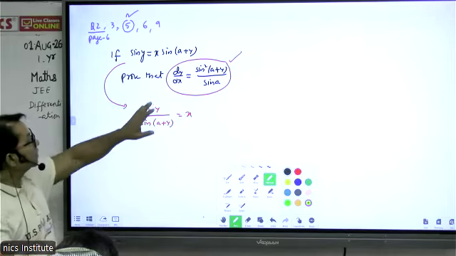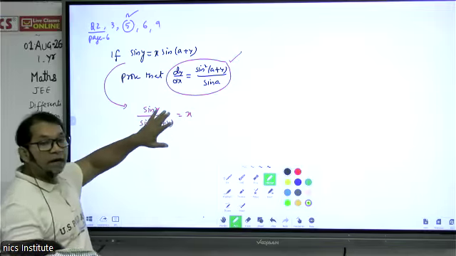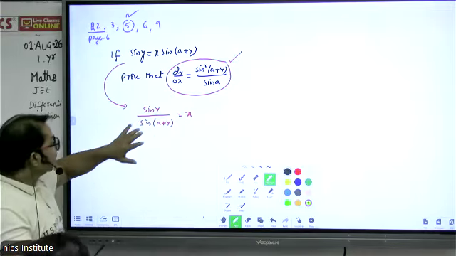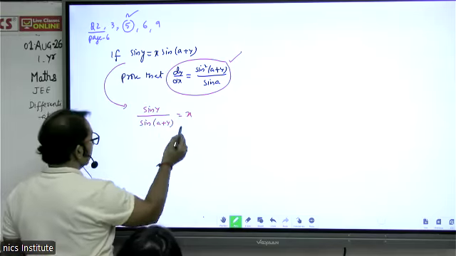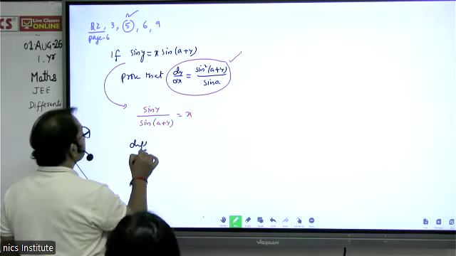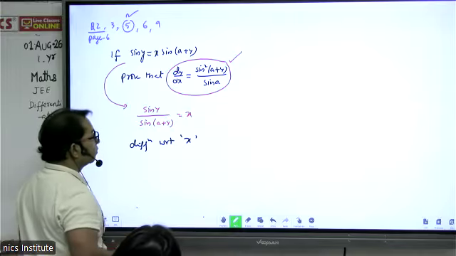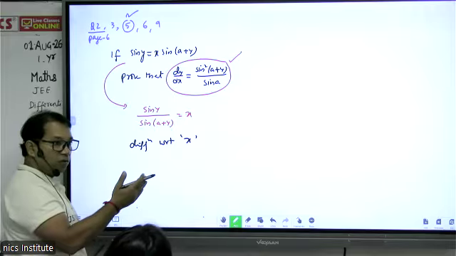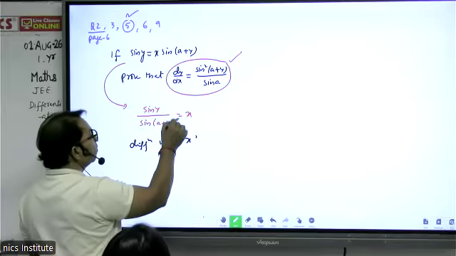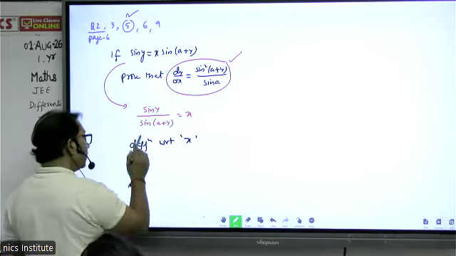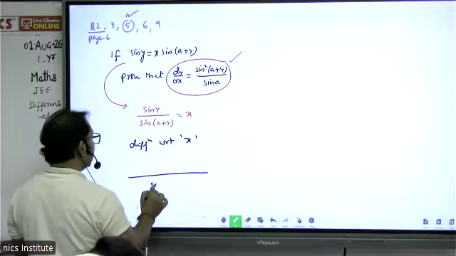Since there is no x on the right side, x को separate कर लो, ठीक है? Now differentiate this with respect to x. एक्स को आइसोलेट कर दो। Now differentiate it.